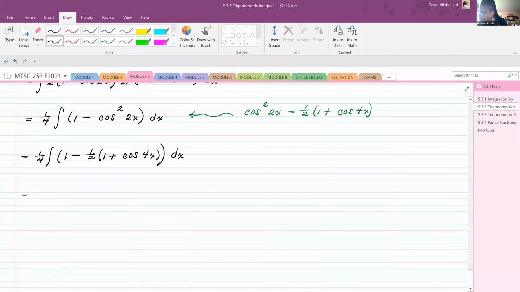So this is 1 over 4, the integral. So I have 1 minus 1/2. So that's going to give me 1/2. And then I'm going to get minus 1/2 times the cosine of 4x dx. We can pull the 1/2 out, make this 1 over 8 and integrate. This is a 1, it becomes x. This is cosine 4x.